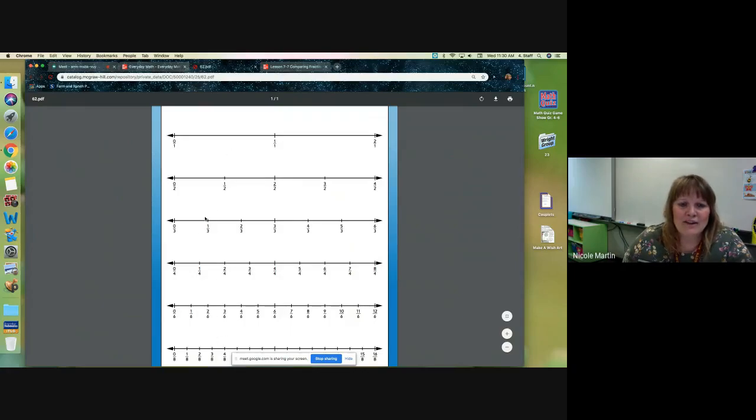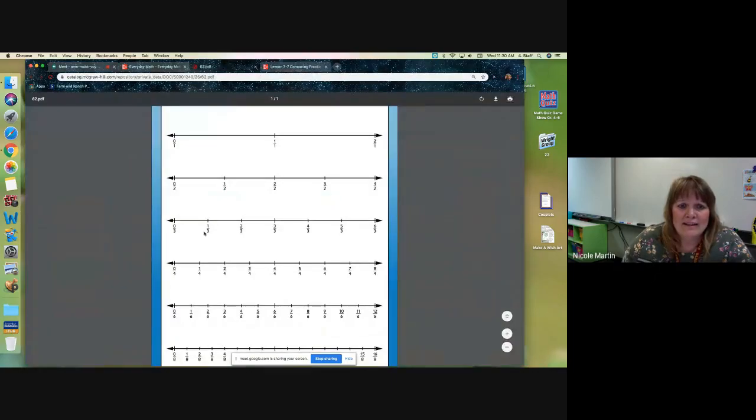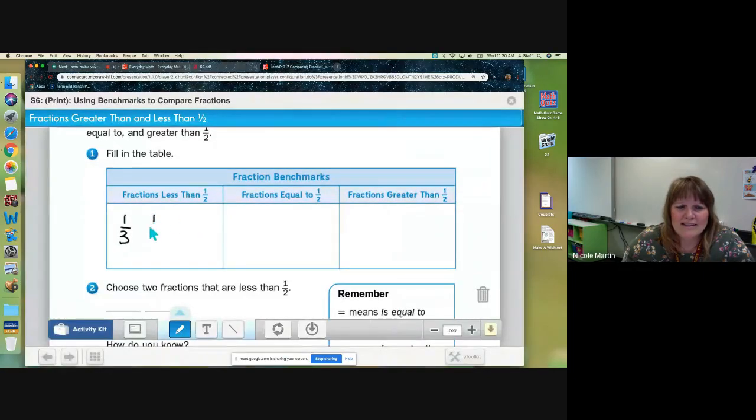So if we look at our thirds, 1/3 is smaller than, sorry, I get the one. 1/3 is smaller than the half. So if we go back here, see that 1/3 right there, hopefully you can see my clicker, is smaller than 1/2. So as we go down the line, what else is smaller than 1/2? Oh, look at that. 1/4 is smaller than 1/2.